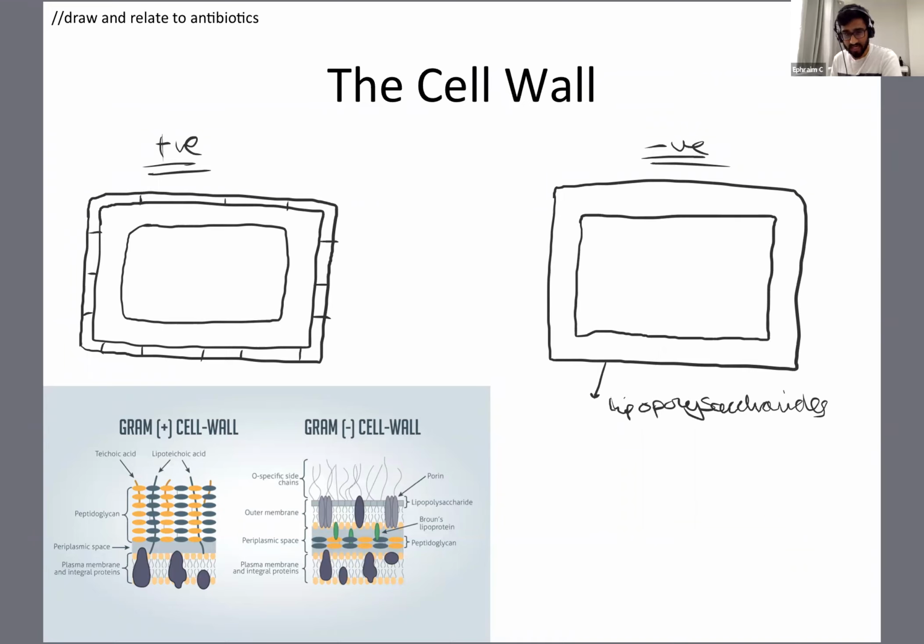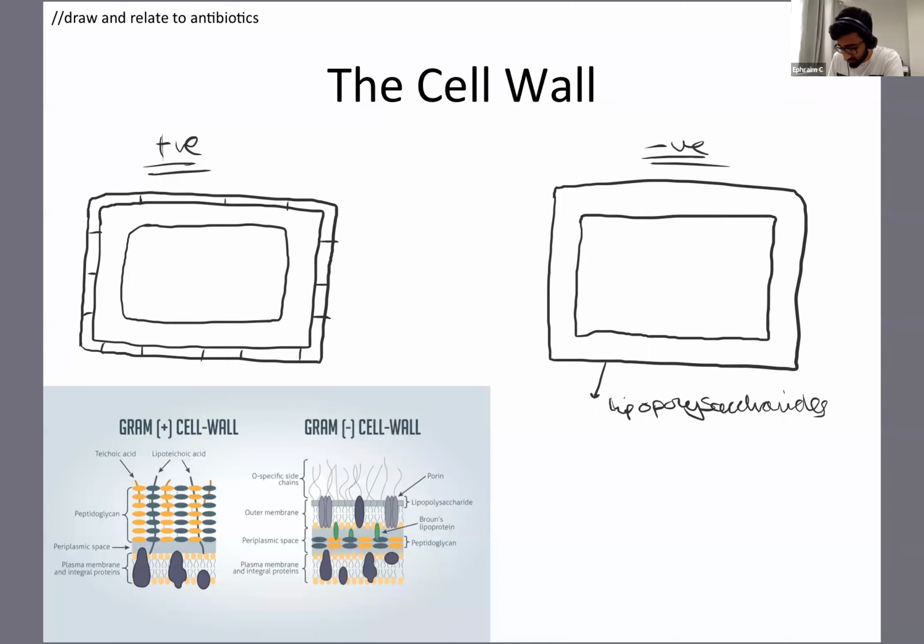See how they're kind of opposing. In gram-positive, we have a thick two-layered peptidoglycan cell wall with adjacent peptide bonds holding it all together, giving the bacteria structural integrity, and then an inner cell membrane, a phospholipid bilayer. Gram-negative bacteria are the complete opposite. We have a thin outer lipopolysaccharide cell wall attached to an outer phospholipid bilayer membrane, and then also an inner cell membrane.